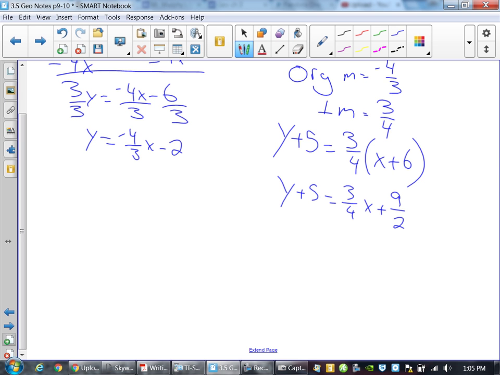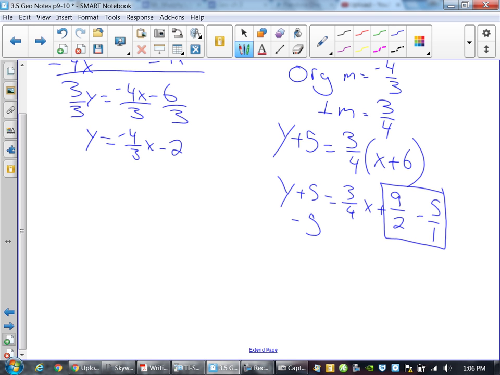Now, I need to subtract 5 from that. I don't have a calculator on me, but how can I rewrite the number 5 as a fraction with a denominator of 2? 10 over 2. 10 over 2 is 5.